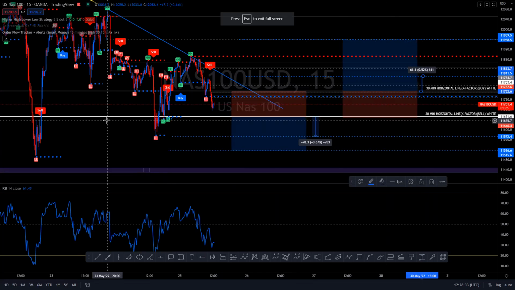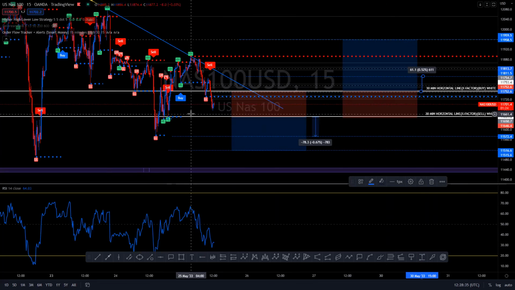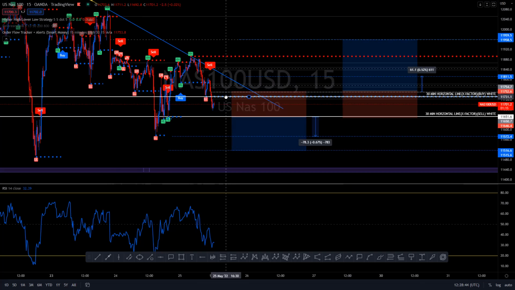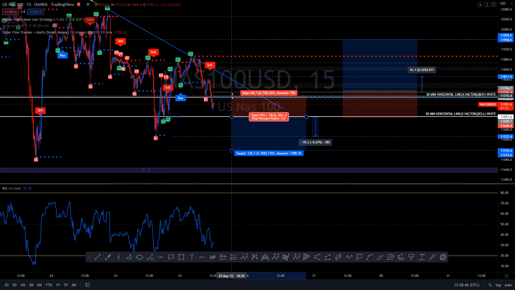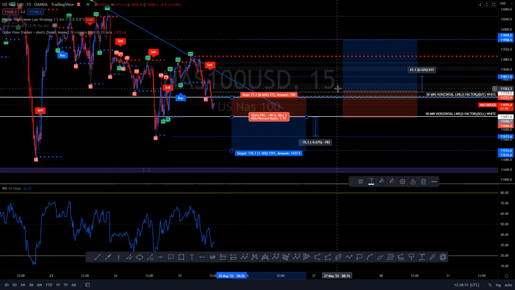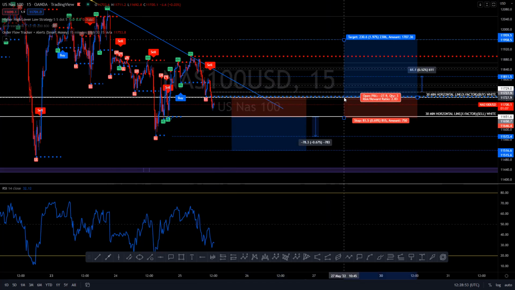Now, the higher high, lower low risk strategy. We have a new line here because price is pushing down. So then what I'm going to do is probably adjust this and bring it down here, so it's closer for a break and retest.